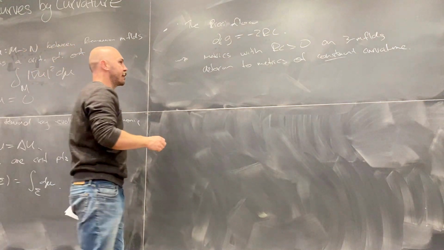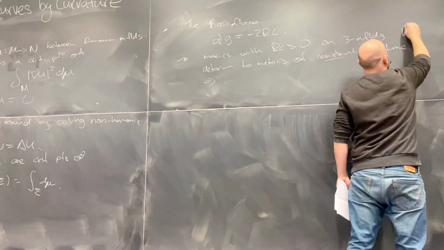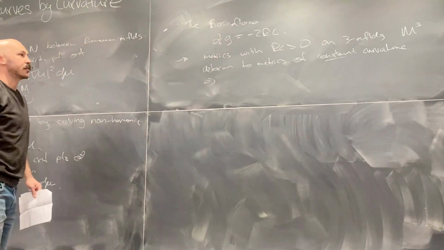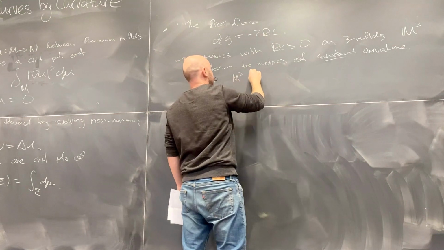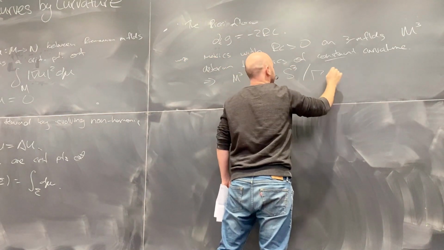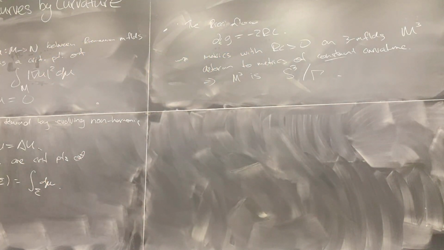Okay, and there's a theorem that implies that this actually tells you something about your space. So your space cannot be a torus, for example. It actually has to be a space form. So basically your three manifold has to be topologically the sphere.